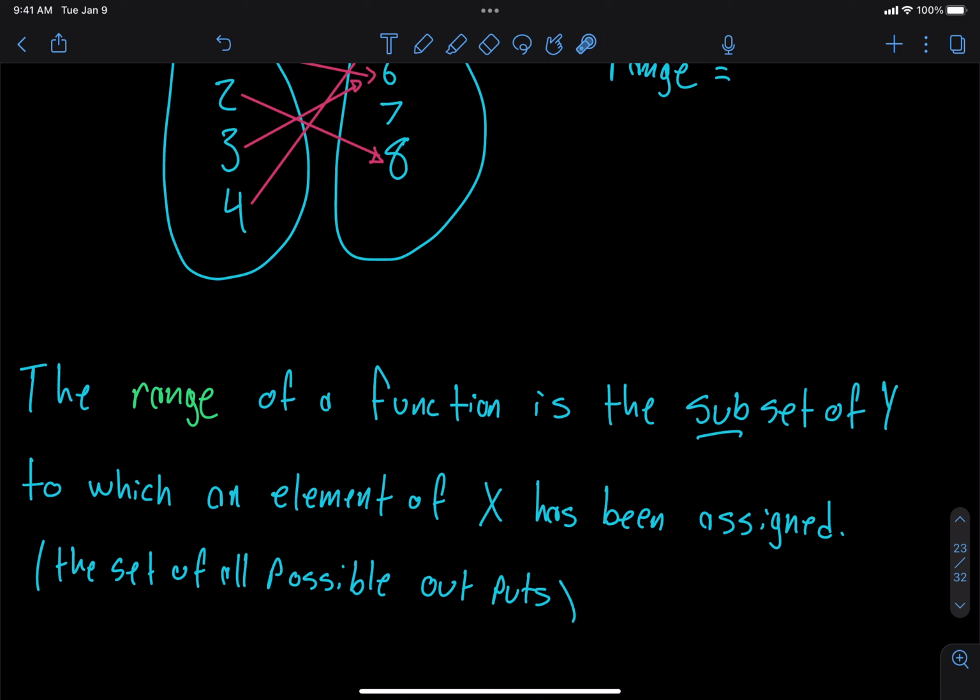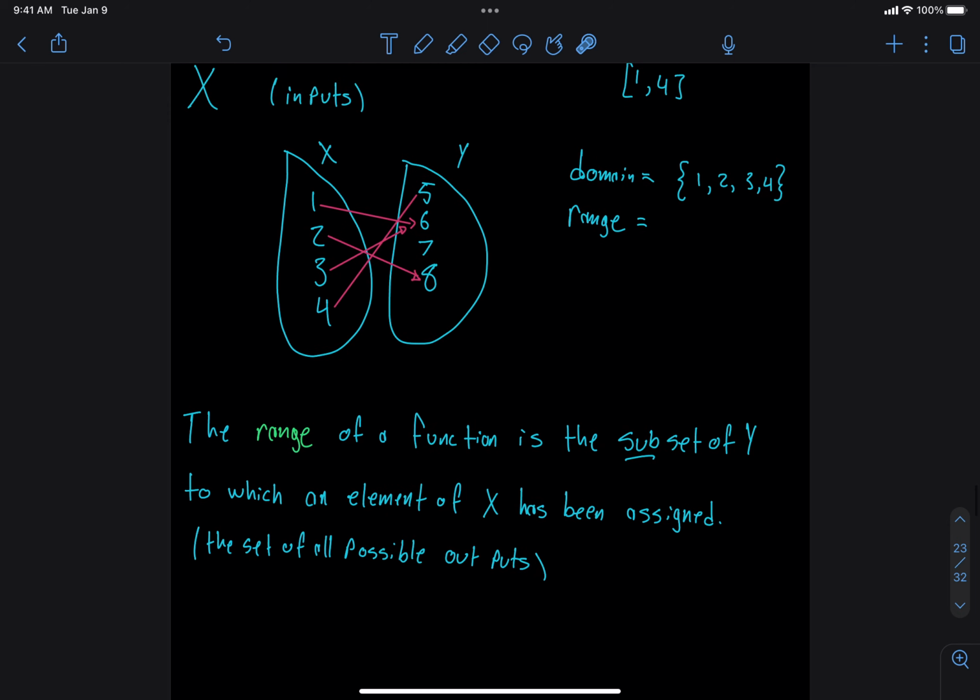Okay, so now we look at y here, and here's the thing. 4 goes to 5, 1 goes to 6, 3 goes to 6, 2 goes to 8. But there's a number in y which nothing in x actually maps to, right? It's the number 7. It doesn't actually get hit by anything in x, right? So that's a number which we would say is not in the range.